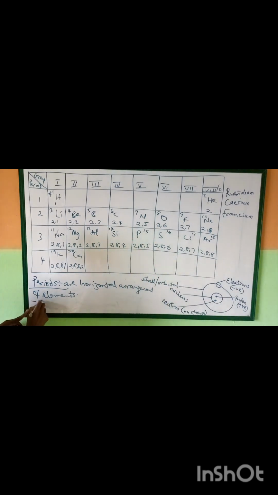So members of the same period have the same number of electron shells. What does that mean? So let's look at this.